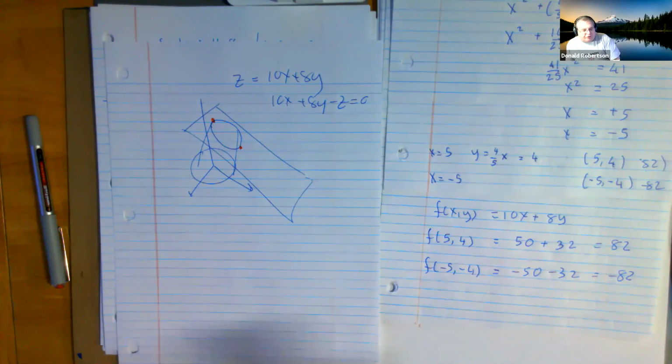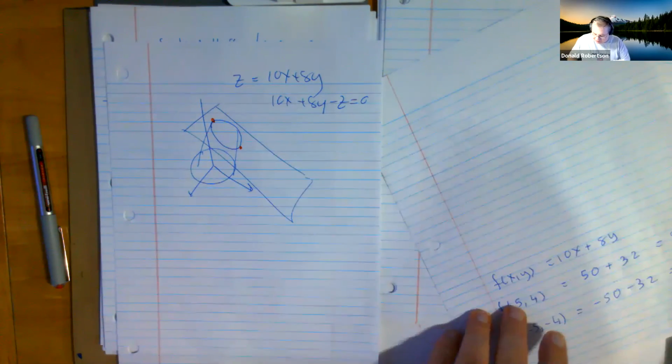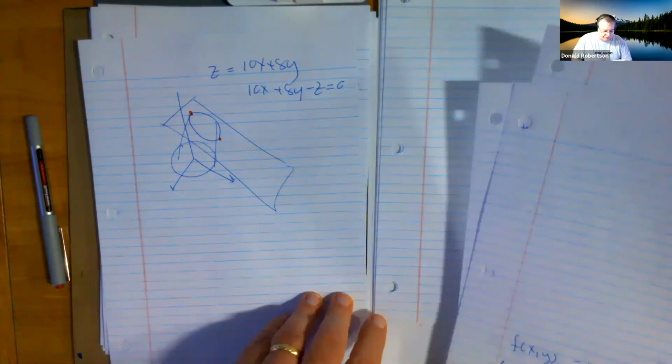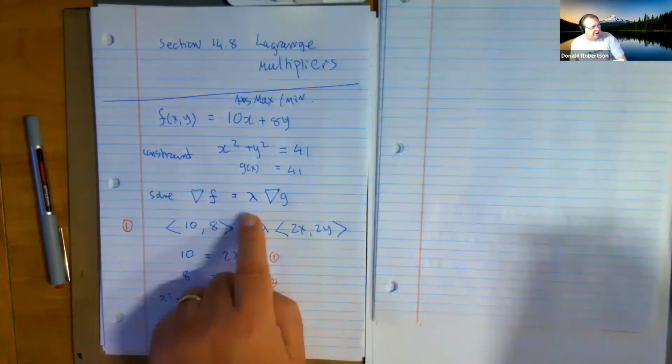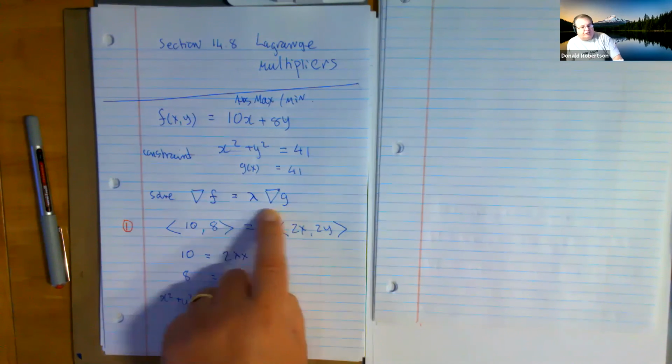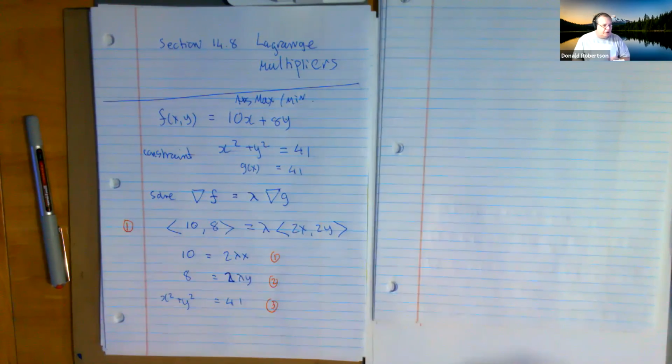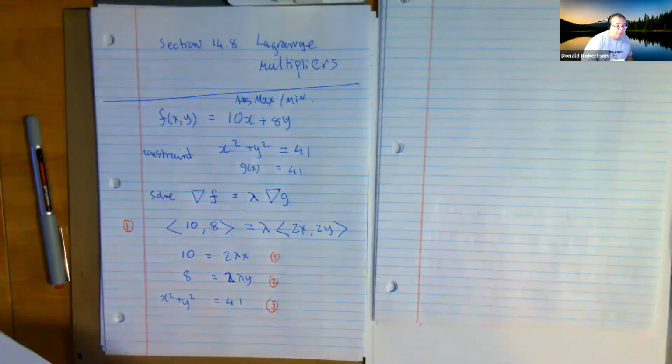Now, the approach to this question, I don't think it's that intuitive. It seems unusual that the relationship we used, with gradient G being equal to lambda, gradient F being equal to lambda gradient G, would solve the problem.